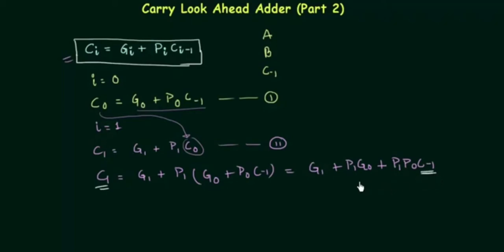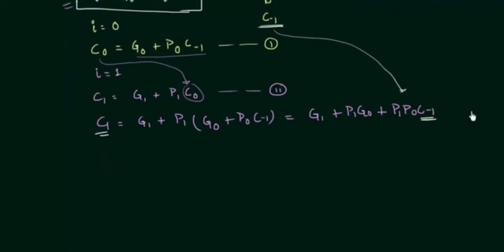So we don't have to wait for any carry to be evaluated, and we can directly get our C1, because C minus 1 is something we have at the beginning of our addition. We don't have to wait for the first adder to evaluate C0 and then the sum S1 and then the carry C1. So this is how the CLA works.